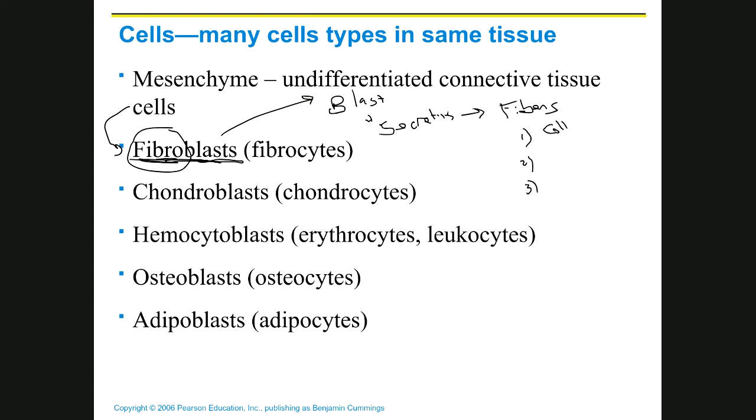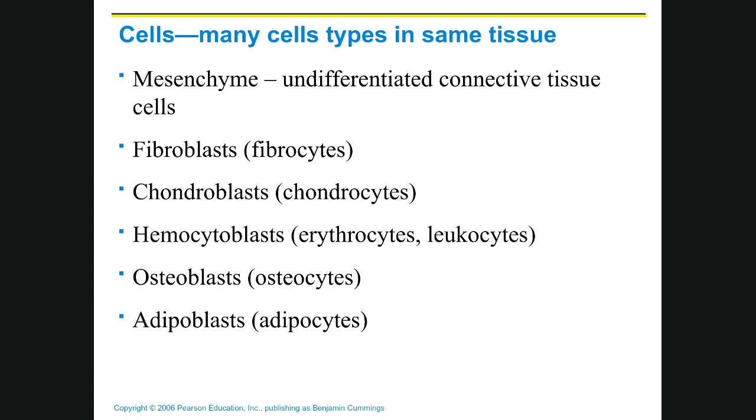Collagen. What else? Elastic and reticular fibers. So look, fibroblasts build fibers. Those fibers are those three fibers, and that's going to determine the matrix, and that's going to determine what tissue it is.